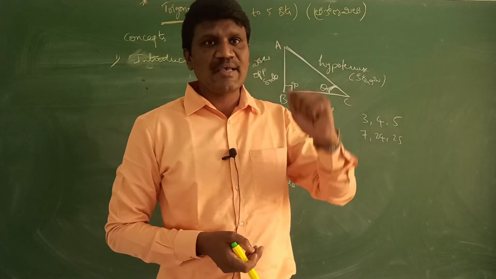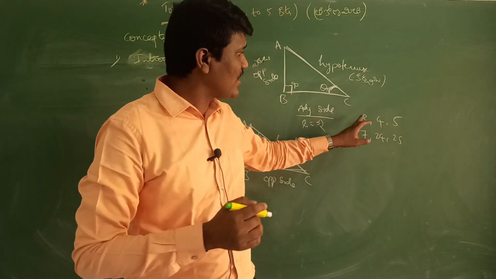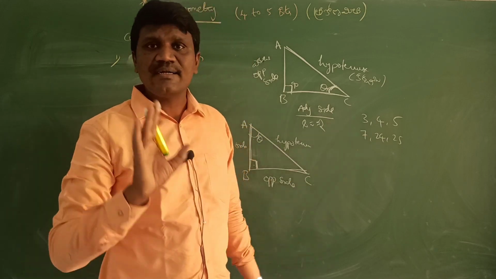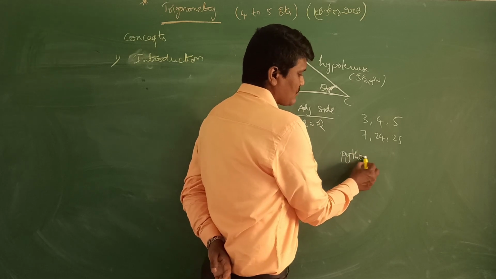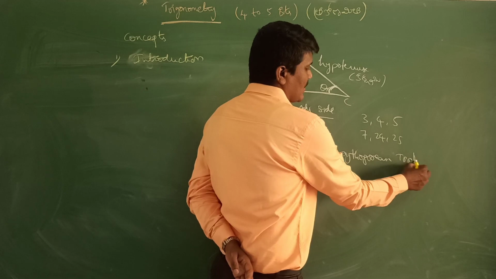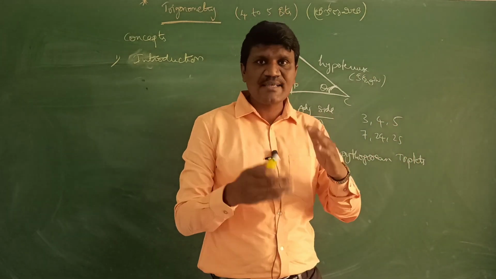So this is a question based on the right angle triangle. What do we call this? We call it Pythagorean triplets. Triple means 3. So what is a Pythagorean triplet?